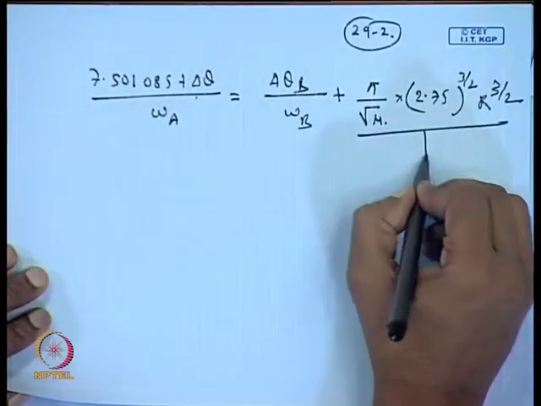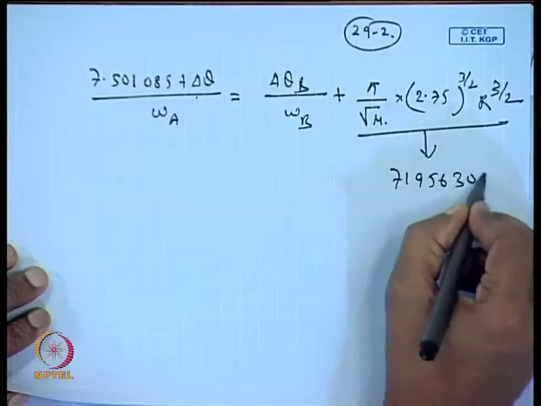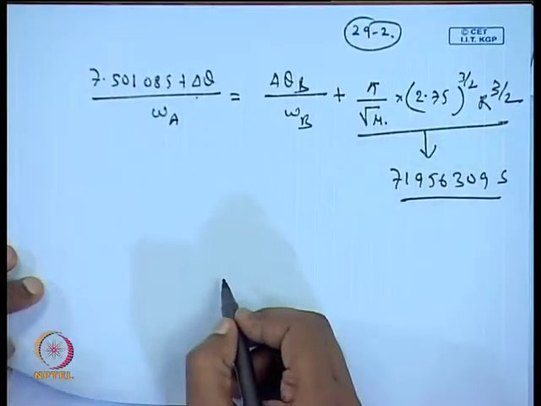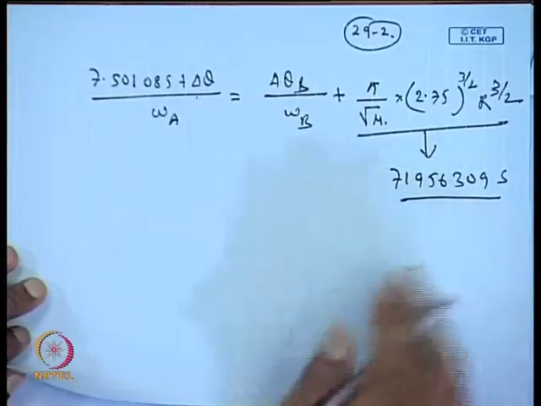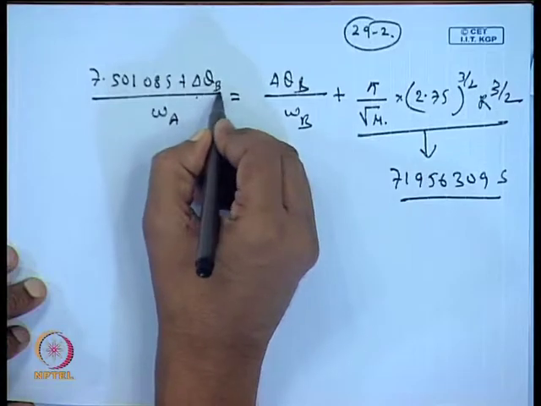And obviously, this quantity we have calculated to be 71956.309 seconds. Okay. This we have done in part A. Therefore, this is delta theta B here in this place.